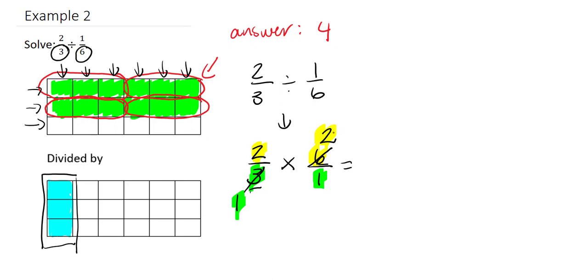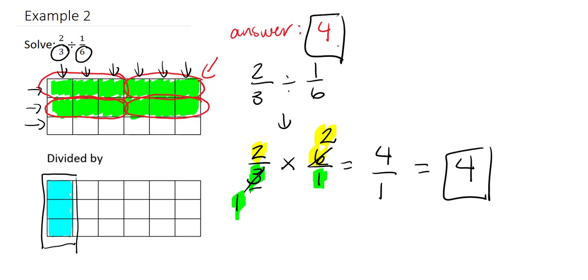So we have 2 times 2, so that's 4. 1 times 1 is 1. So we have 4 over 1, which is really just 4. So that's our answer, which is what we got when we visually looked at this problem. So when we say 2/3 divided by 1/6, what's the answer?